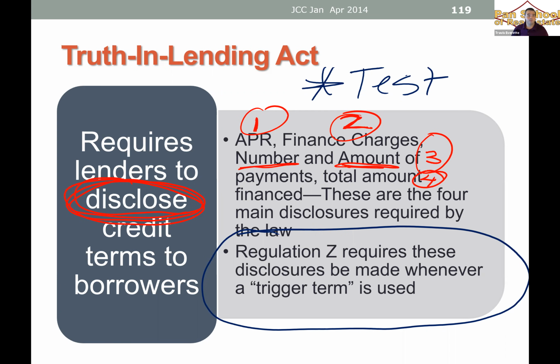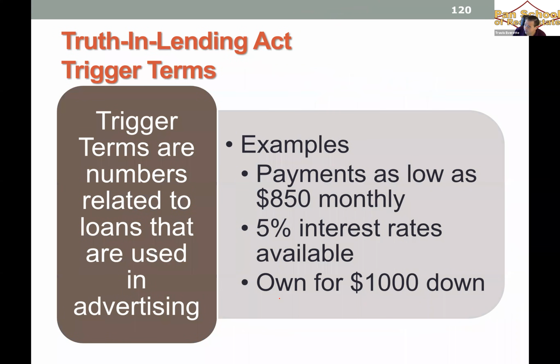So what is the line in the sand? What does the federal government say is advertising a loan? And that's where this verbiage right down here, trigger terms, comes into play. The federal government says trigger terms are numbers.